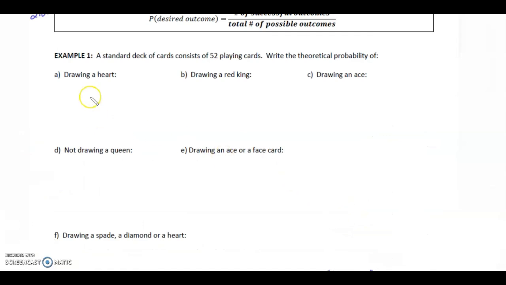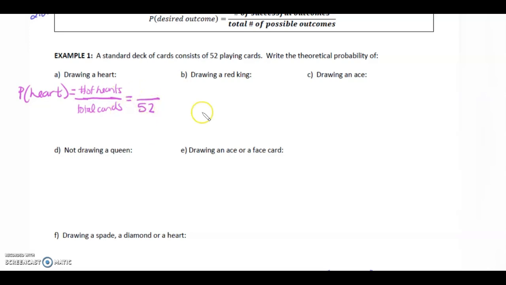A standard deck of cards consists of 52 playing cards. That's what I showed you below, and we'll reference that. Write the theoretical probability of drawing a heart. The probability of a heart is the number of hearts over total cards. We already know the total cards is 52.